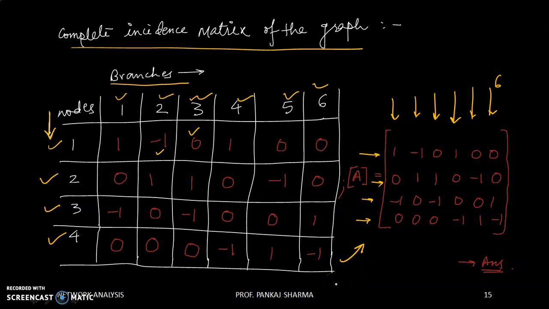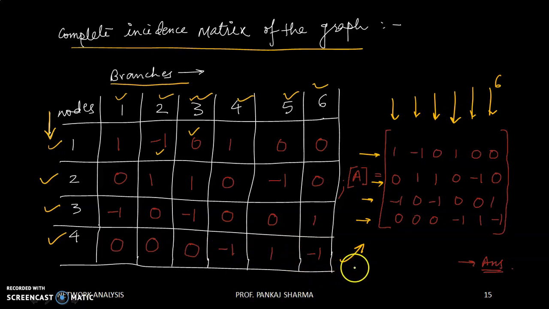One very important thing I would like to say here. There is another matrix related to this complete incidence matrix, that is the reduced incidence matrix. Listen carefully. As the name suggests, it is a reduced one. A reduction has occurred in your complete incidence matrix, at the node level.